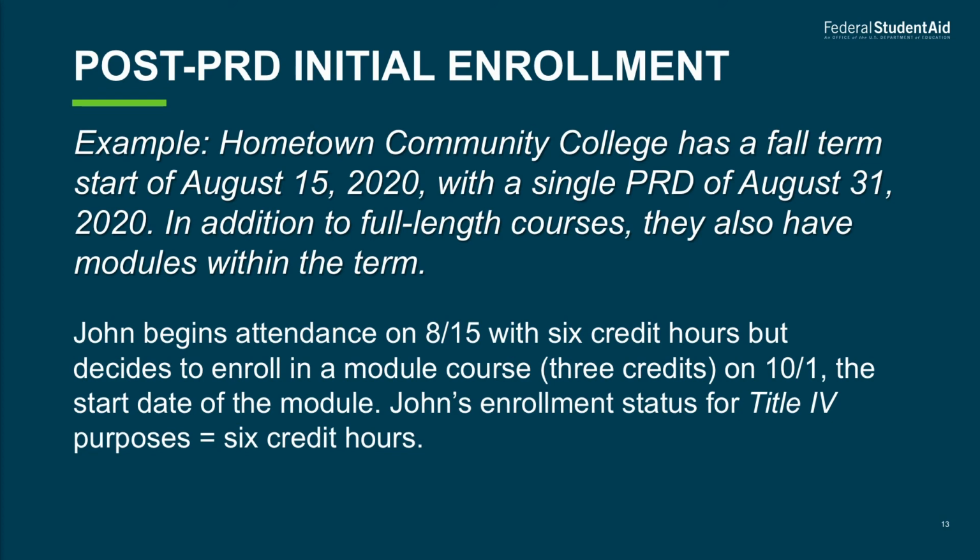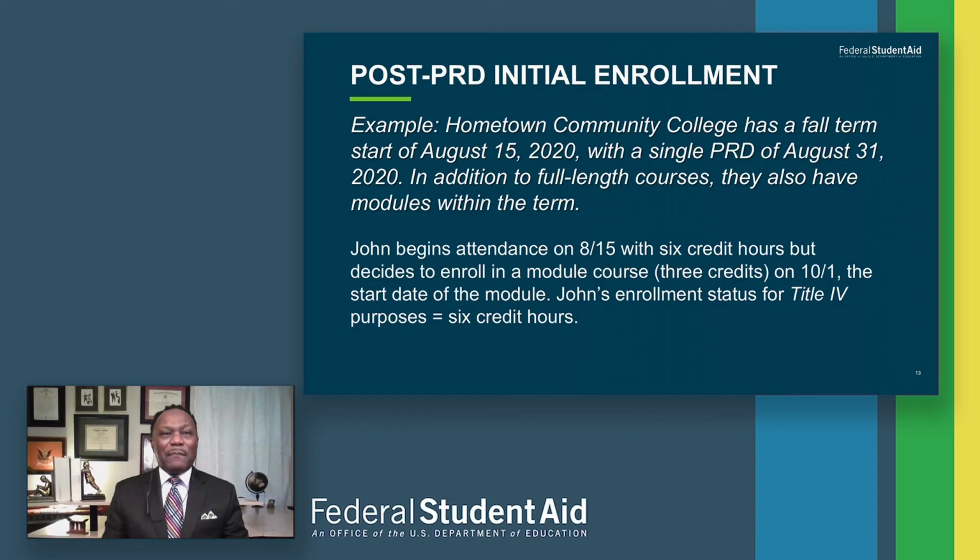In this case, the initial Pell calculation occurred prior to the PRD because the student was already enrolled at the beginning of the term. That means the later of the initial Pell calculation and the PRD is the Pell recalculation date of August the 31st, meaning the additional course added after the PRD does not count towards John's enrollment status, leaving him with the 6 credit hours enrolled at the beginning of the term for Pell purposes.